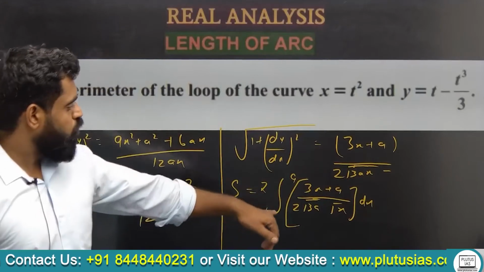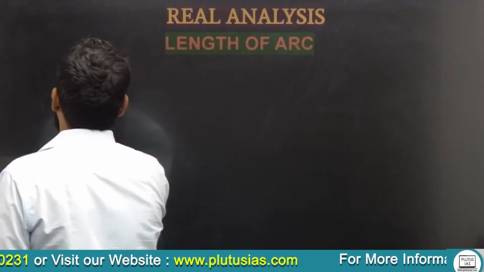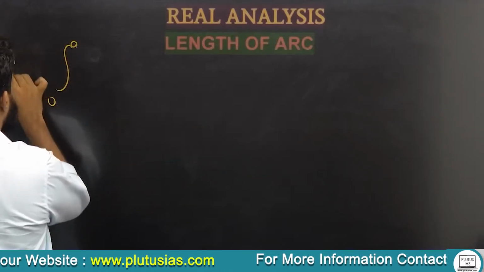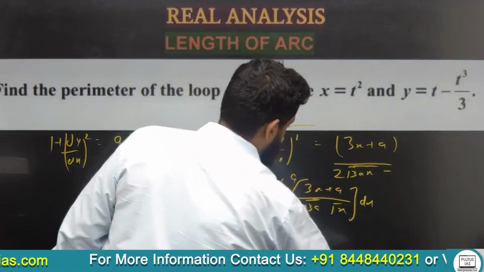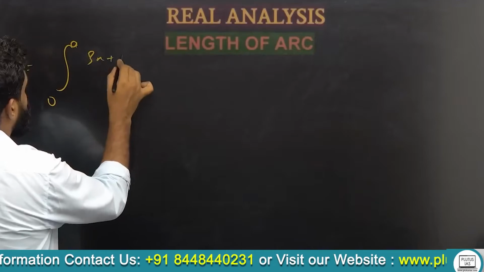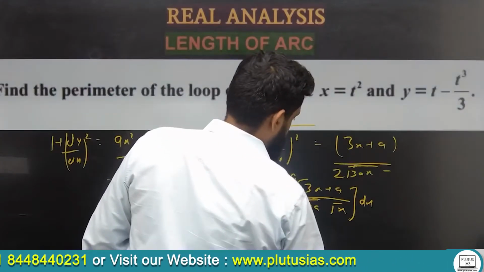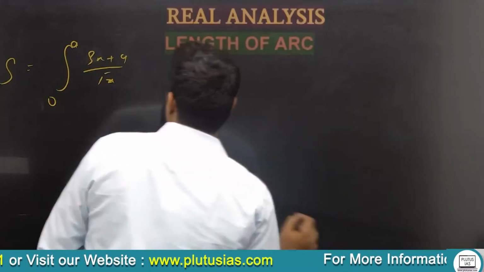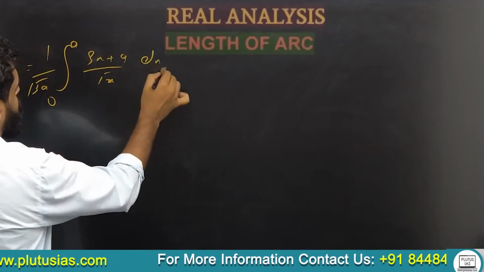This 2 cancels, and we have s equal to the integral from 0 to a of 3x plus a upon root x, with root 3a in the denominator, dx.